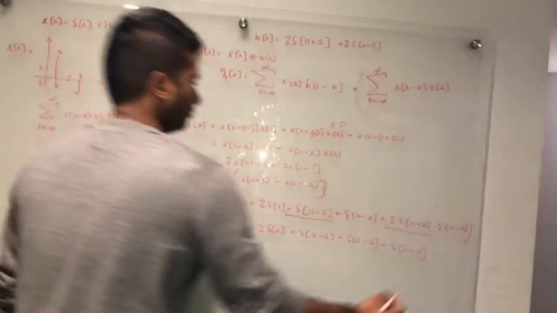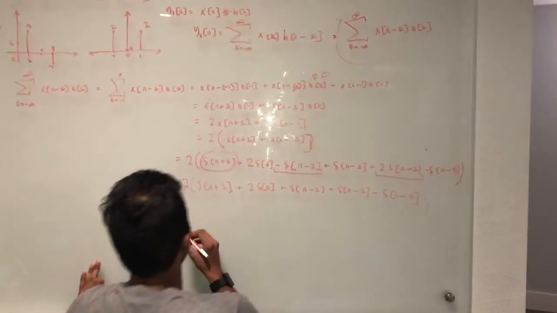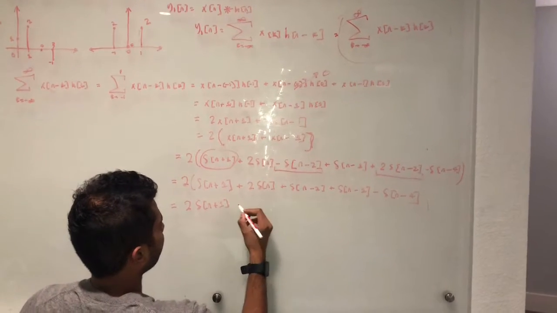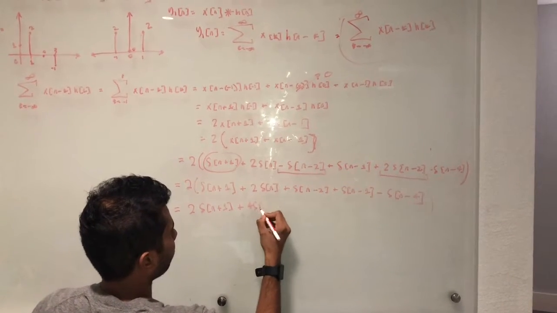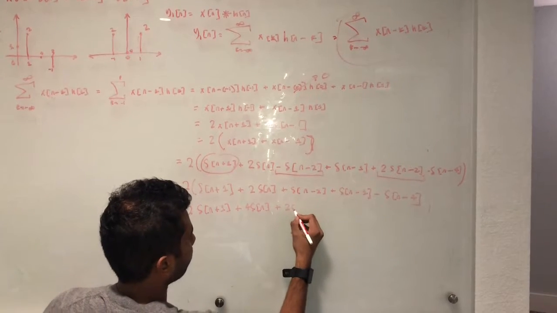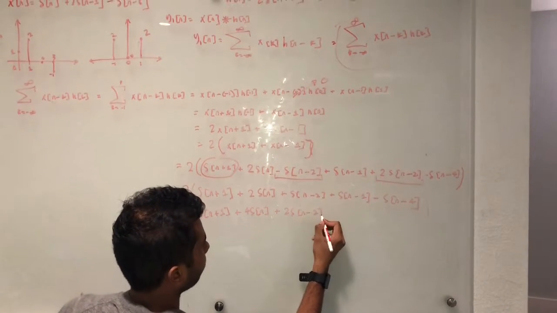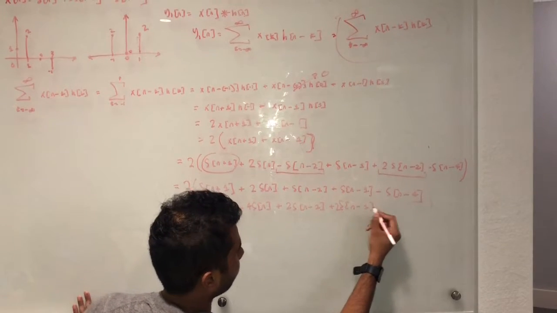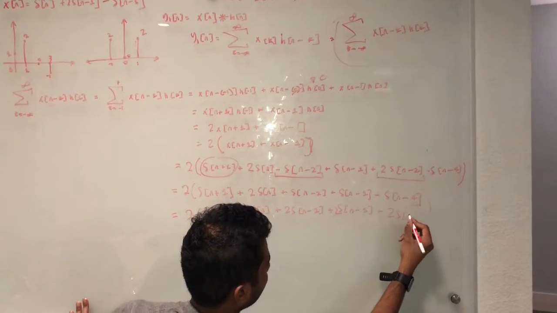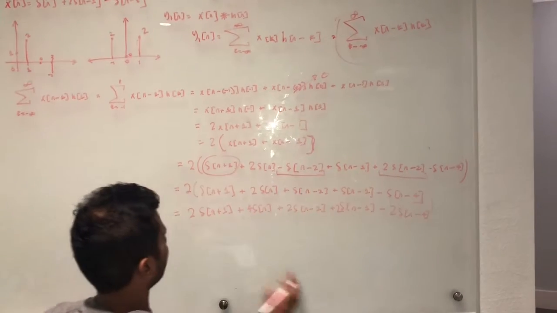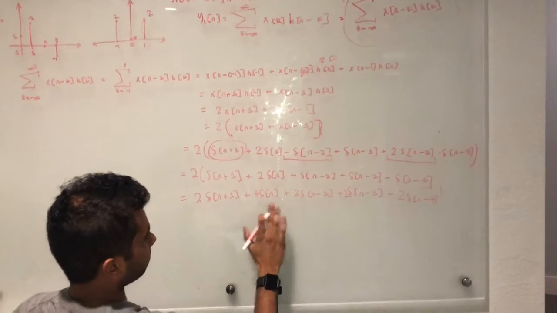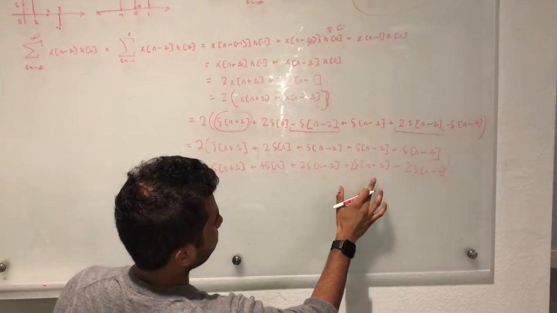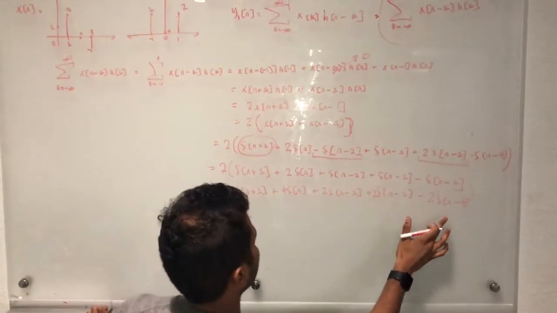Now let's simplify this. We have 2 of this, 4 of this, 2 of this, 2 of this, and 2 of this. Let's plot this out.